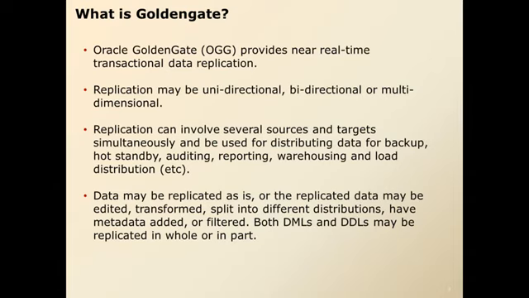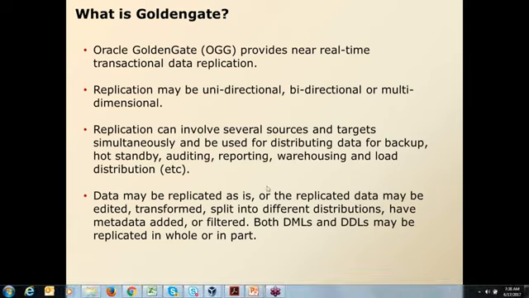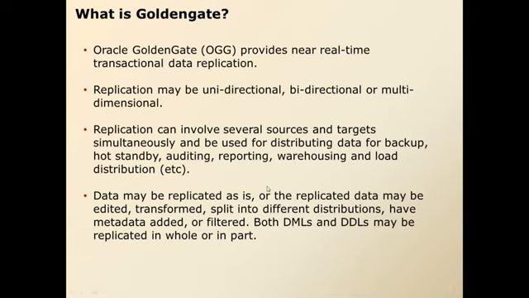Now replication can involve several sources and targets simultaneously and is used for distributing data for backup, hot standby, auditing, reporting, warehousing and load distribution. So with Goldengate, it is not that you will have only one-to-one replication. You can have one-to-one replication, many-to-one replication or a one-to-many topology as well. One-to-one is normal replication.